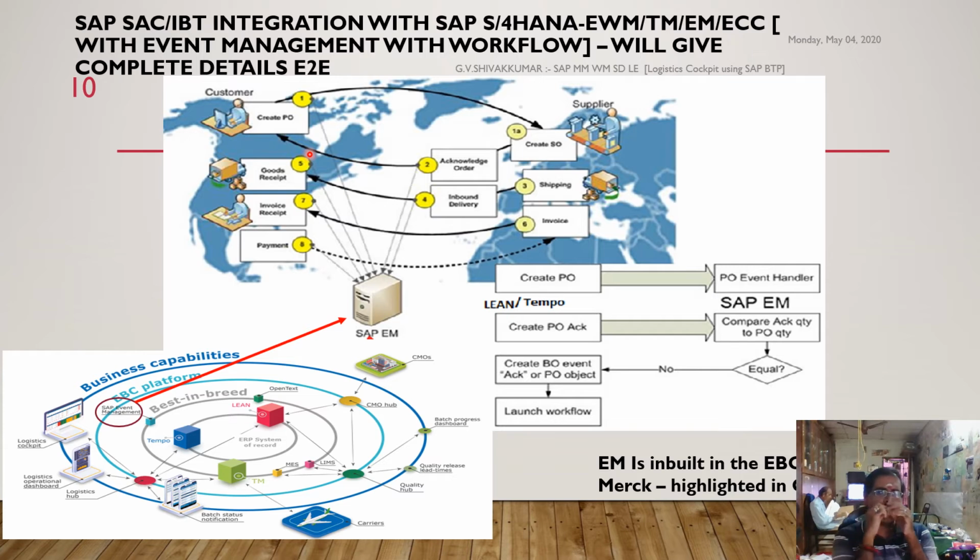So in between that we have procurement of material, put away after the quality inspection test has been passed, issuing the raw material to production, converting the raw material to finished goods in production, and then doing quality release for the finished goods.